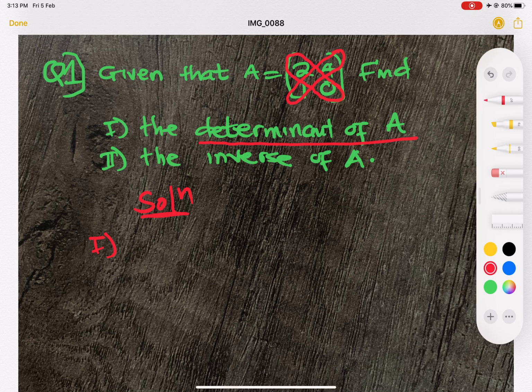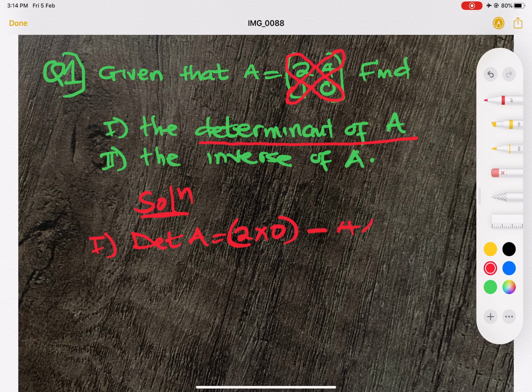Okay, so I will say det A, or determinant of A, is equal to, we'll multiply numbers in the major diagonal. So this is the major diagonal, 2 and 0. So we'll say 2 times 0 minus, we'll multiply the numbers in the minor diagonal, which is 1 and 4.